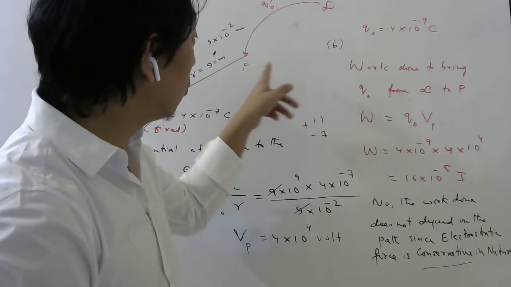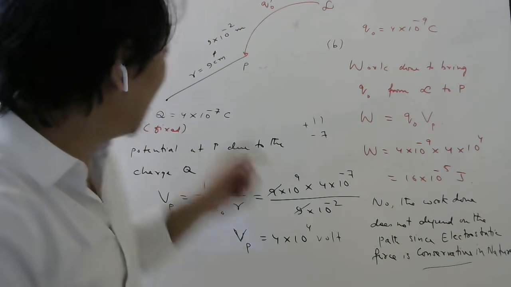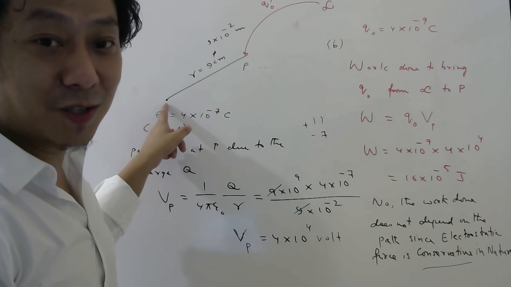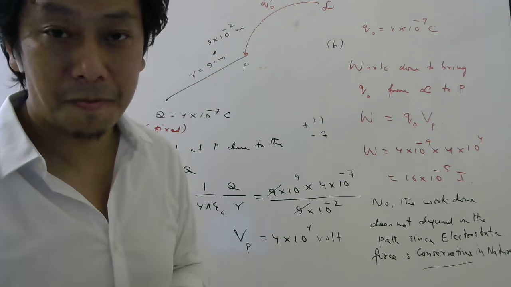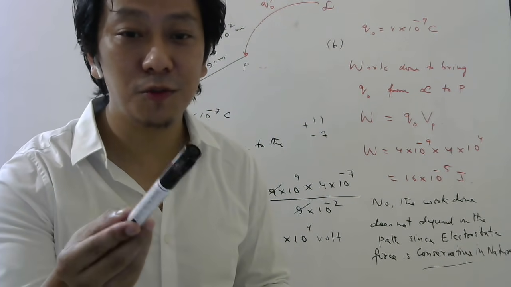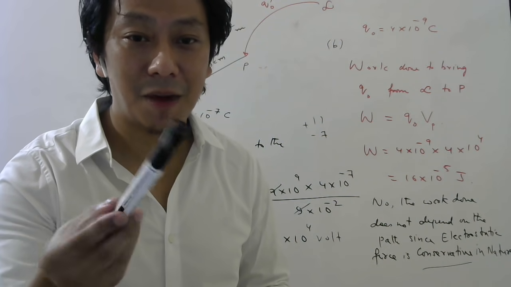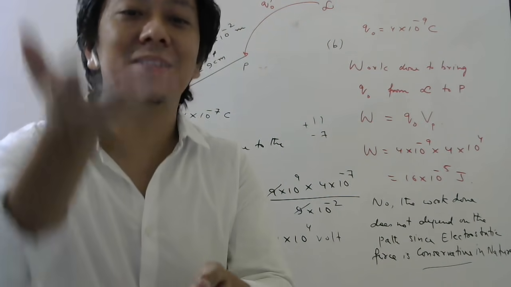Why did you do work to bring this Q naught charge? You did work because this charge was sitting here. If this charge was not sitting here, there would be no concept of work done against the field. If Earth was not there, why would you do work to move this pen or marker from here to here? If you slightly push it, it will go by itself.